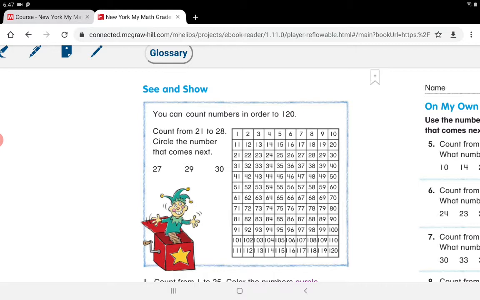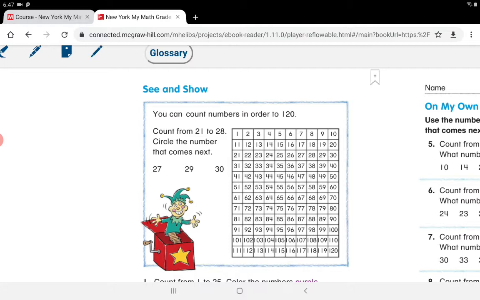So one vocabulary is the word before. When I see the word before, I know that I need to count back because the number is behind the starting number that they gave me, or the starting number that we need to use. And if I'm counting back, then I mean I am what, boys and girls? Exactly.